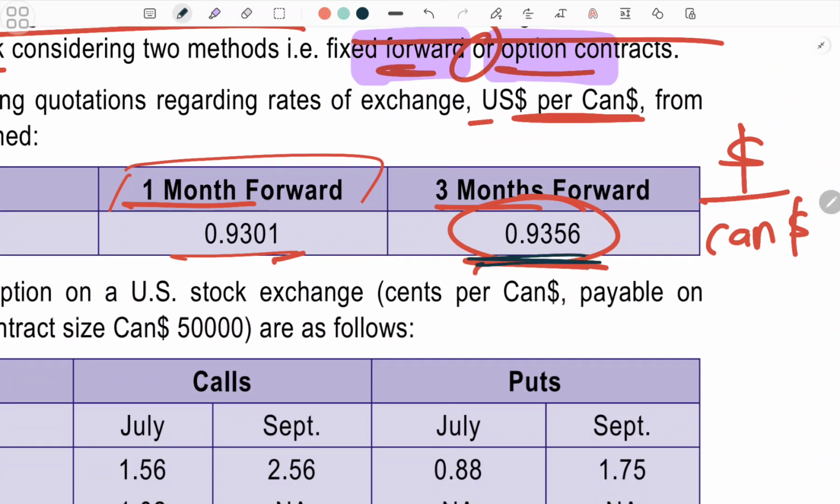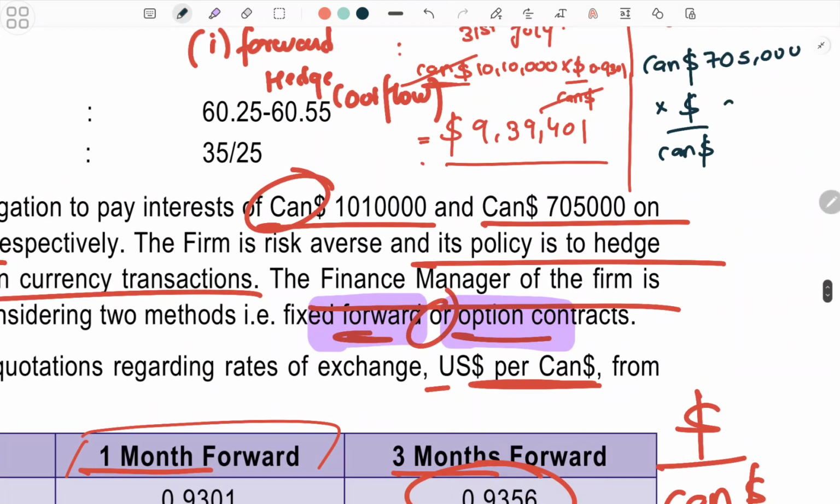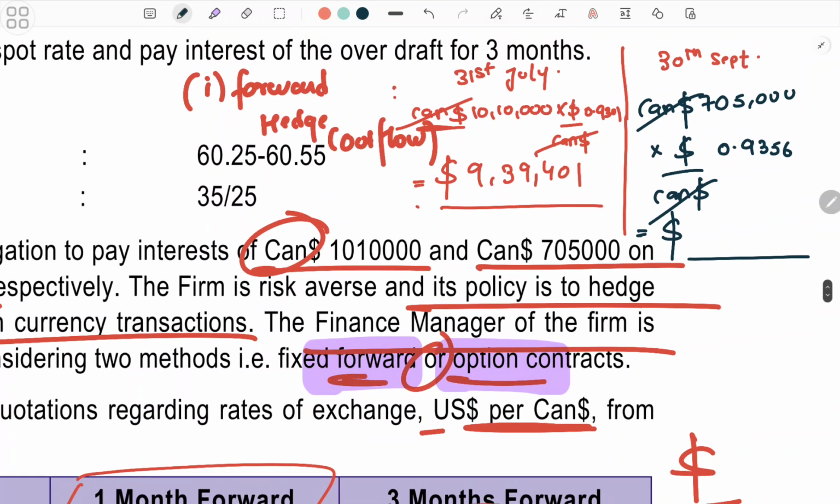Only one is given, bid and ask is also not there. 0.9356, which gives me 7,05,000 into 0.9356, which is 6,59,598 dollars. So in forward hedging, I have 2 different outflows after 1 month and after 3 months. This is fixed.